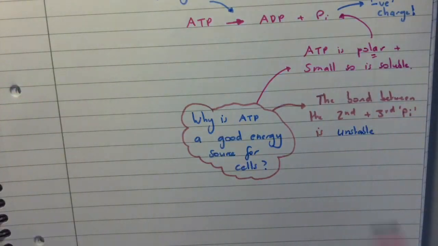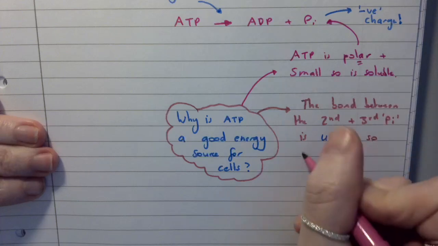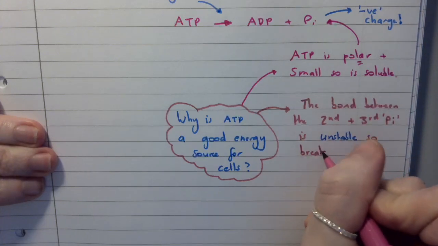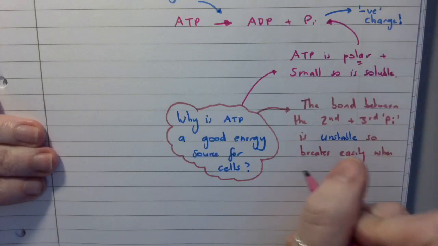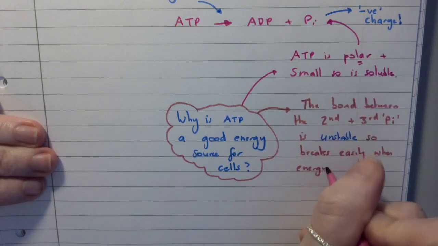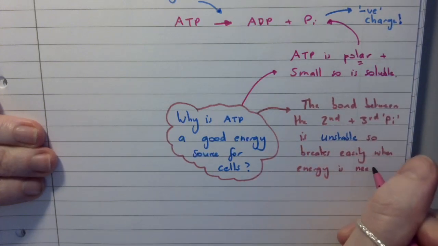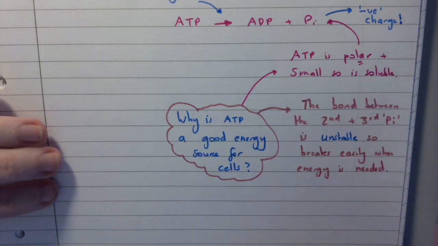So it basically breaks really easily when energy is needed. It's not hard to break, so the cell thinks I want a bit of energy, I need to, I don't know, make some new proteins.